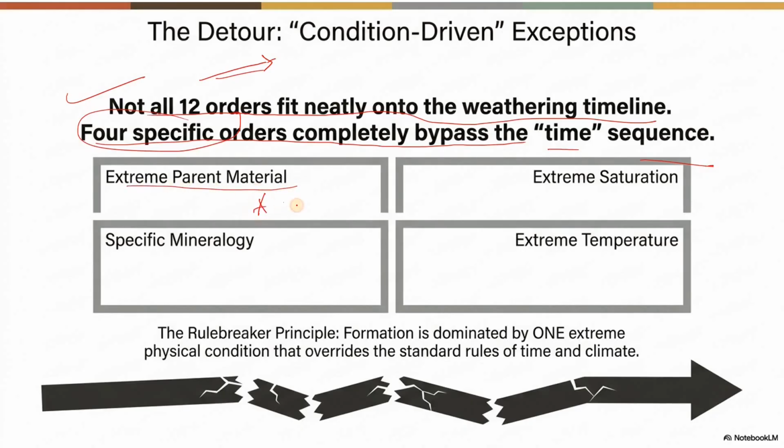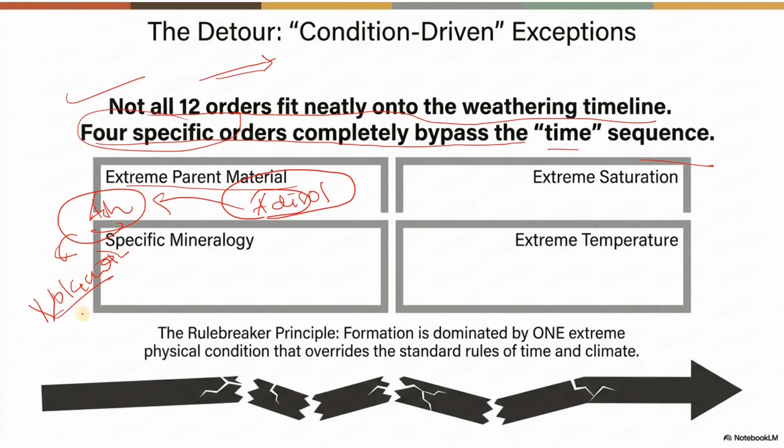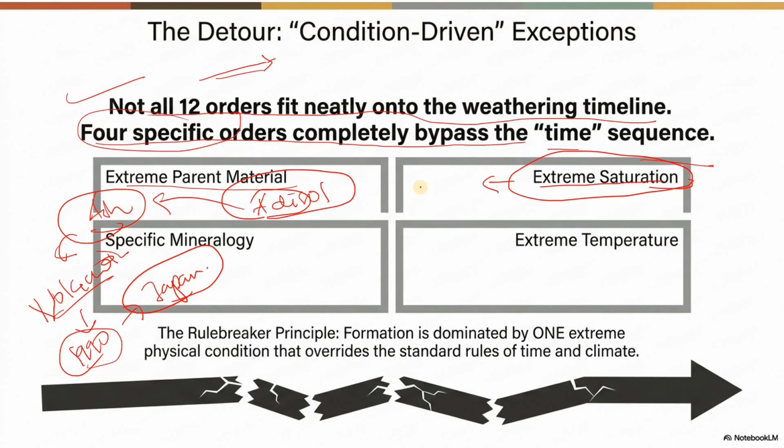I have told you about the Andisol. Andi means ash, and it is found near volcanoes, in volcanic landforms. It was added in 1990 and found first in Japan, in active volcanic areas. The second one is extreme saturation.